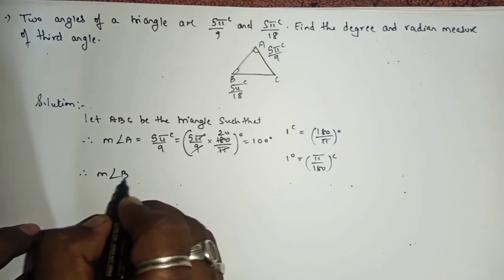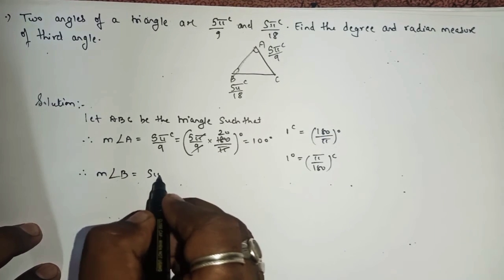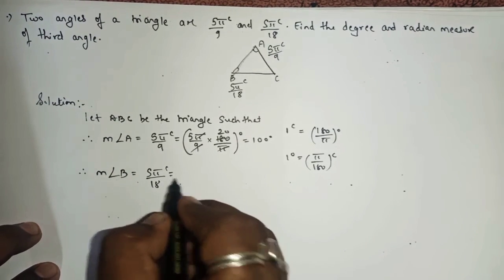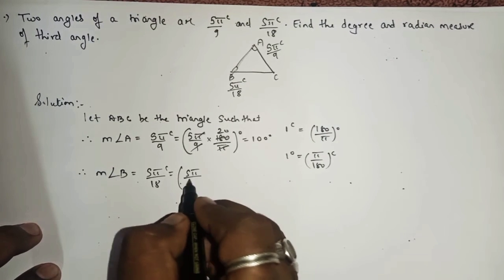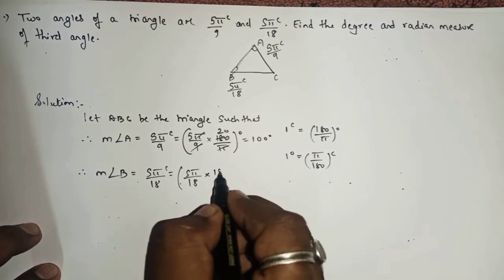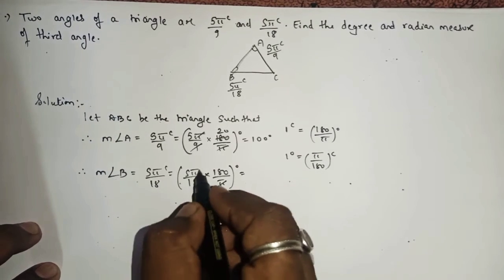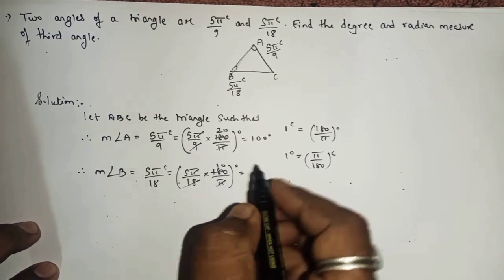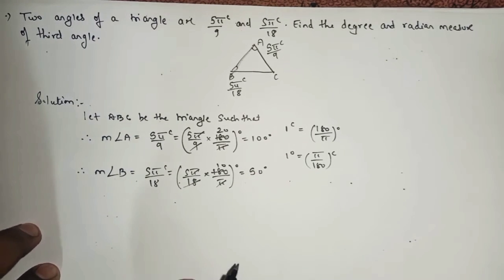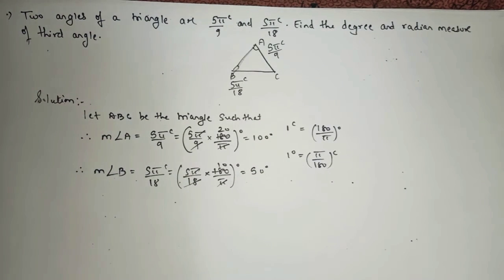Now for B, it is 5 pi by 18. Again the same, we convert this radian into degrees. Pi will get cancelled, 18 ones are 18, 10s are 50. So here we got 50.